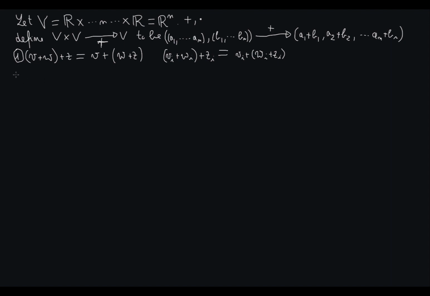Now property number 2 was the existence of the identity element. So we let the following element be 0 with the bar underneath. This is going to be an n-tuple in Rn, which we define to be 0 in every coefficient: 0 in the first coefficient, 0 in the second, and so on, until 0 in the nth coefficient.